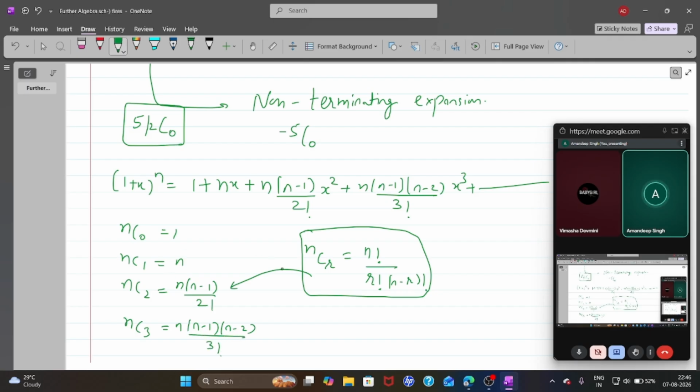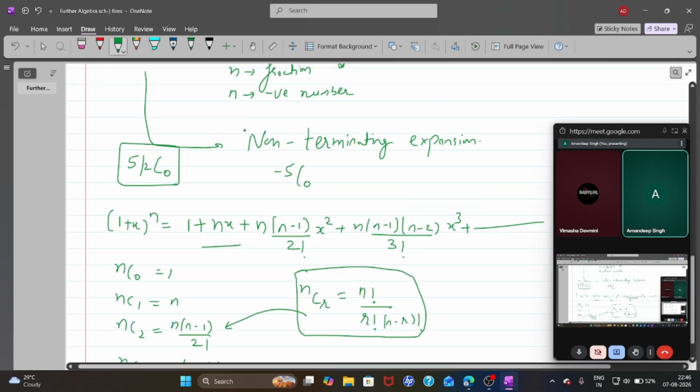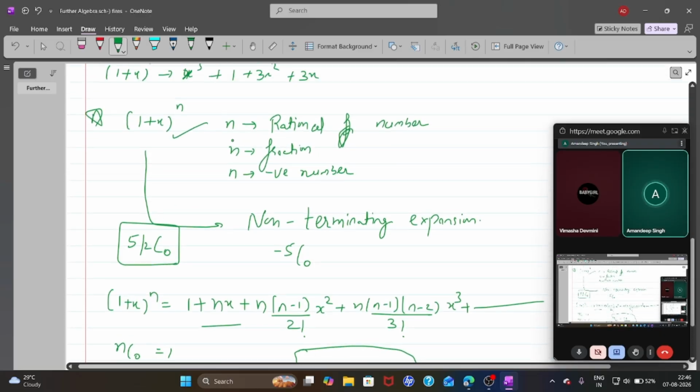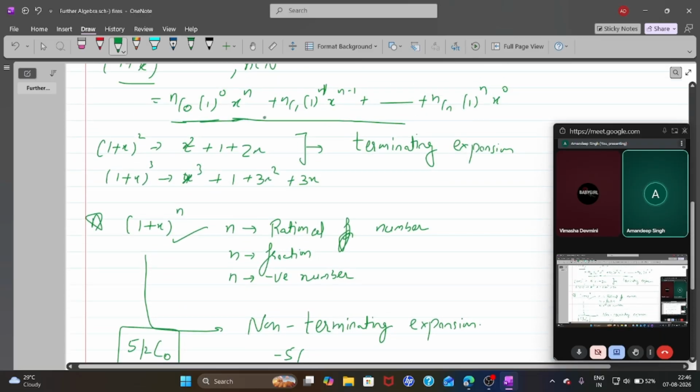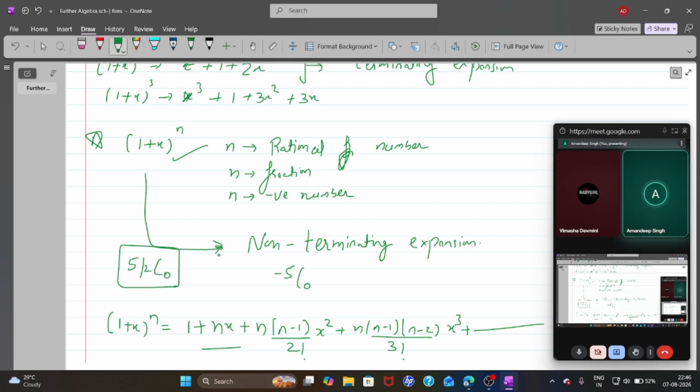So I'm getting this expansion from the above result, but I cannot use the direct result, because you were getting the math error, as you have already understood.